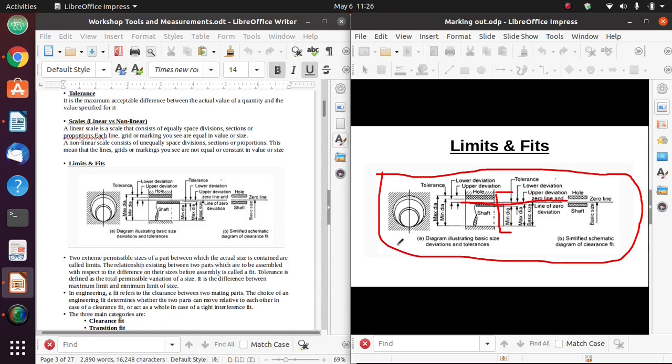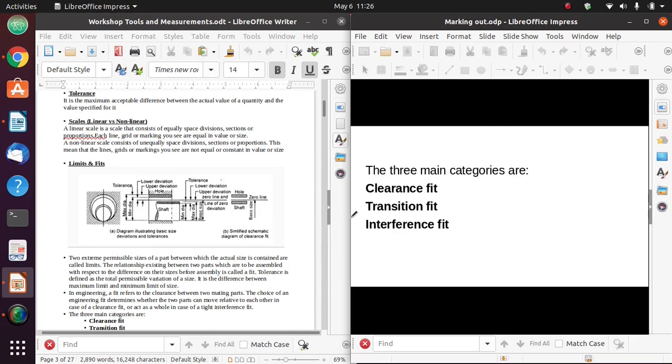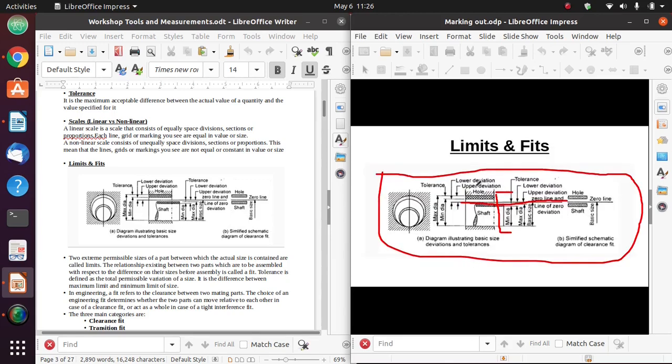Depending on how I want the movement between those two mating parts, we can classify fits into three major categories: clearance fit, transition fit, and interference fit. The best way to explain this is with a hole and a shaft. For a clearance fit, the diameter of the hole is larger than the diameter of the shaft, so the shaft can easily enter the hole.